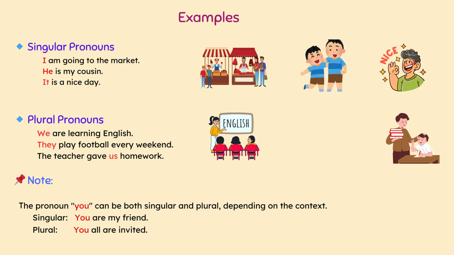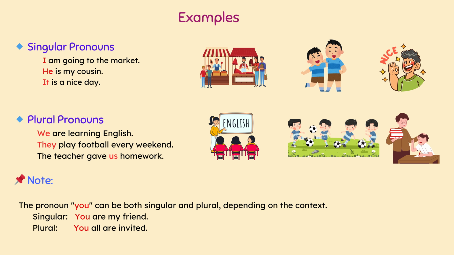Let's look at some quick examples to understand singular and plural pronouns better. Singular pronouns refer to just one person or thing. I am going to the market. He is my cousin. It is a nice day. Now for plural pronouns. Plural pronouns refer to more than one person or thing. We are learning English. They play football every weekend.